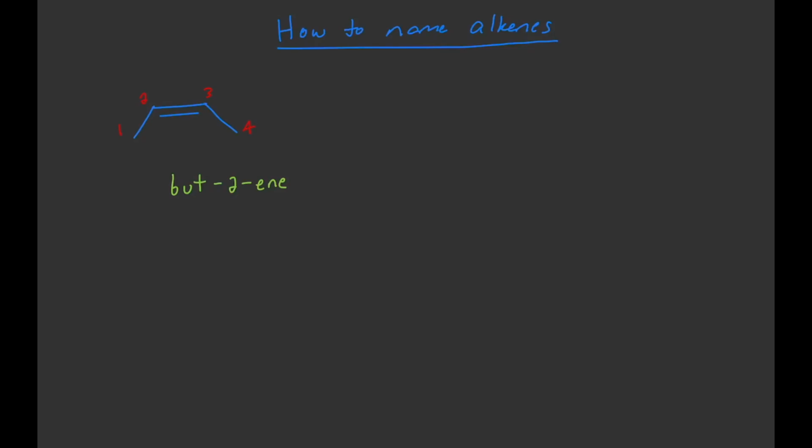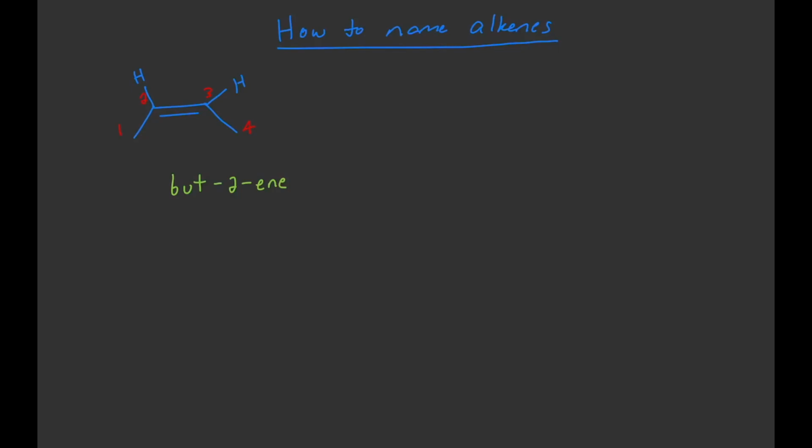However, with alkenes, we also have to indicate which side of the double bond your highest priority substituents are. So in this case, if we were to draw in our hydrogens, we would have a hydrogen here, and a hydrogen here.